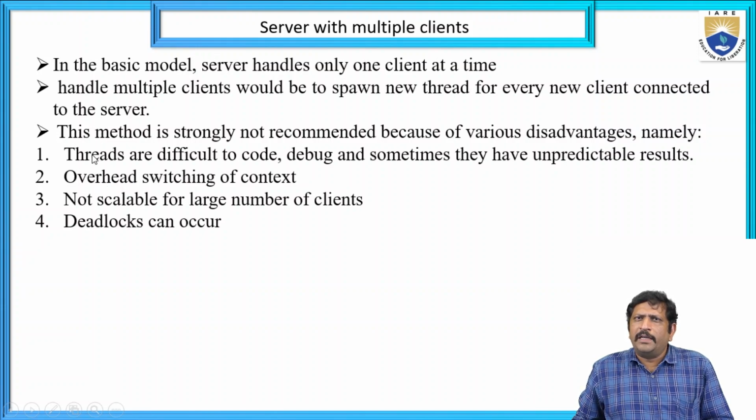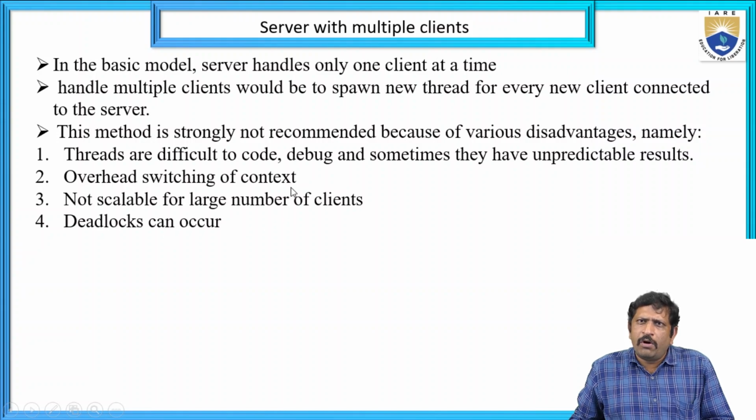This model, a server with multiple clients using threads, is not recommended because of various disadvantages. First, threads are difficult to code and debug, and sometimes they have unpredictable results.